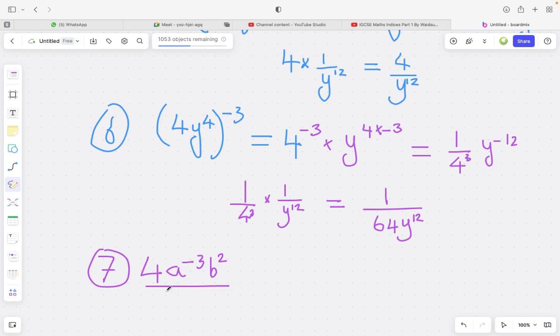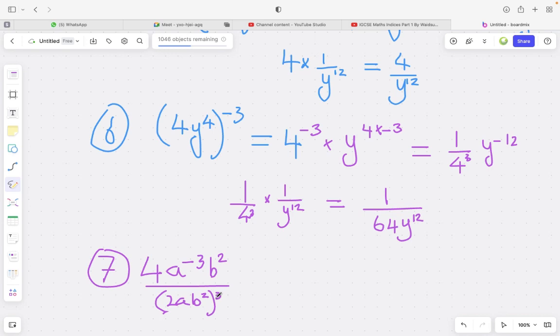The question is simplify this. So I open a bracket, 2ab squared, to power 3. So this is what we have now.